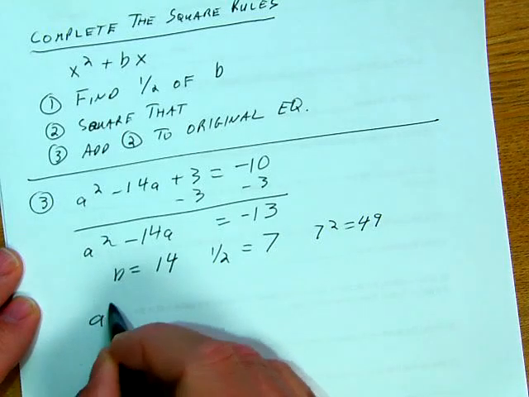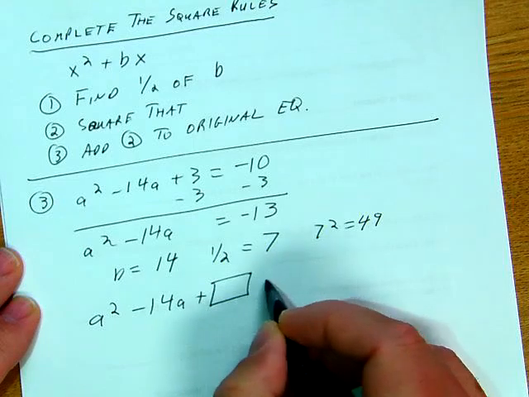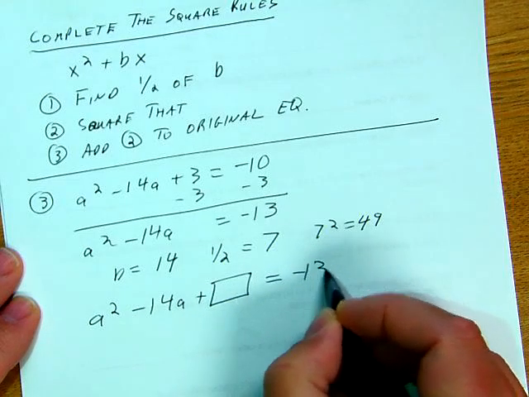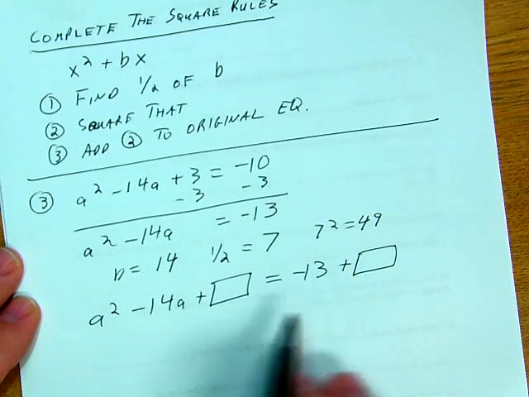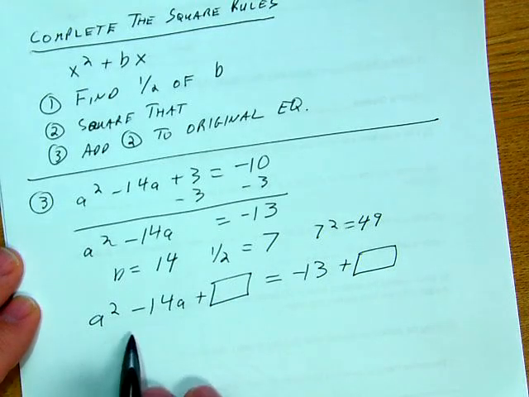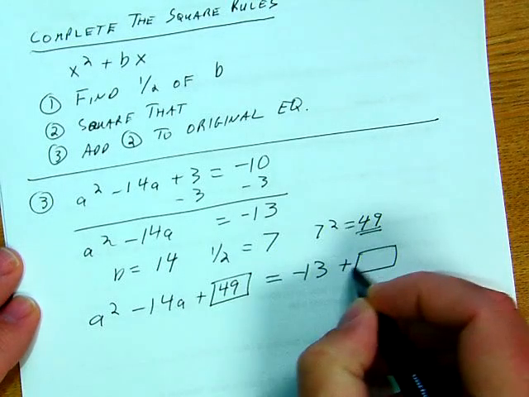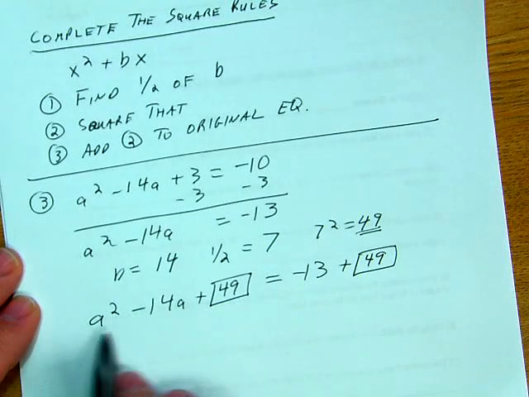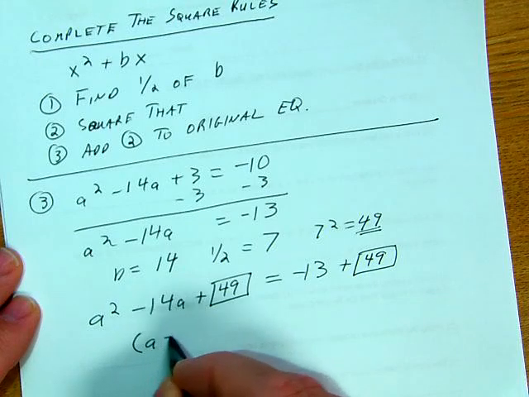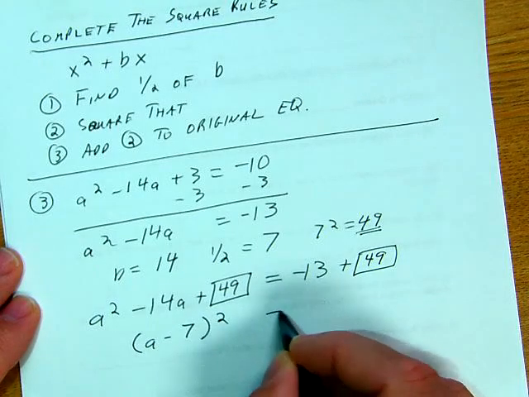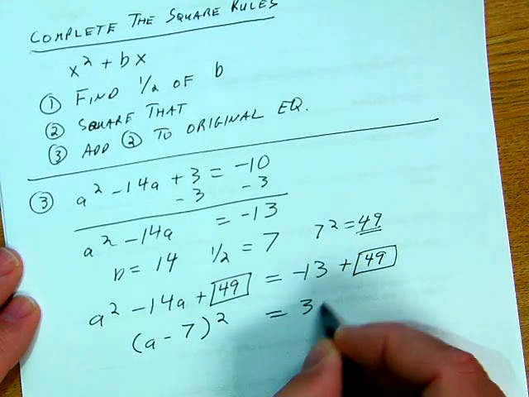So what I'm going to do to complete the square is add whatever term is needed to both sides of my equation that makes the left-hand side a perfect square, and that number is 49. So I'm going to add 49 and 49. I now have a perfect square on this side. That goes to a minus 7 squared is equal to, now negative 13 and 49 is 36.